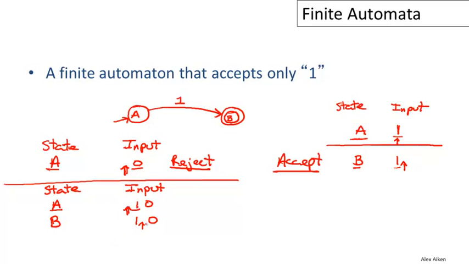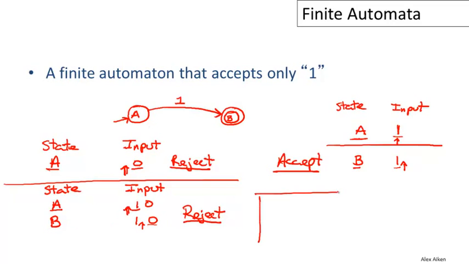So now the input pointer has advanced because we've read one character of input, and now we're in another state. And now we can see that we're in state B. Our next input is 0, and there is no transition on 0 from state B. And so even though we're in an accepting state, B is one of the accept states, we haven't consumed the entire input. And so the machine also rejects this string. So this is also a reject.